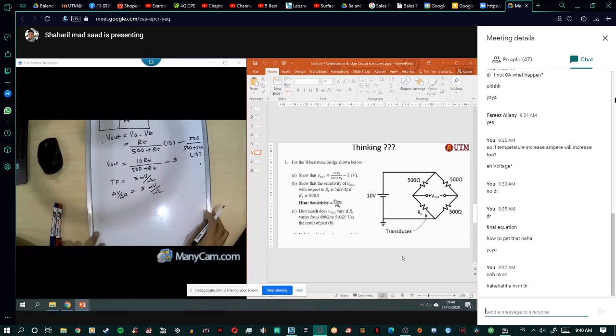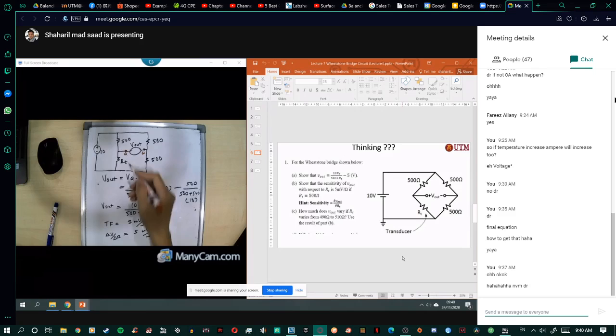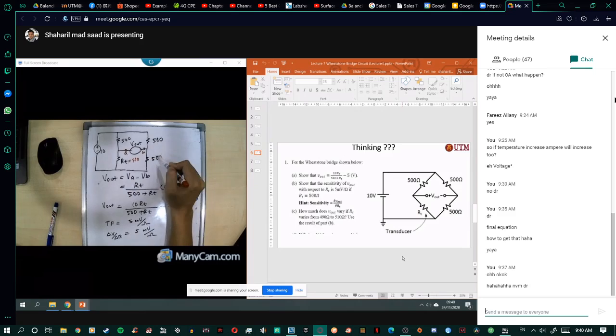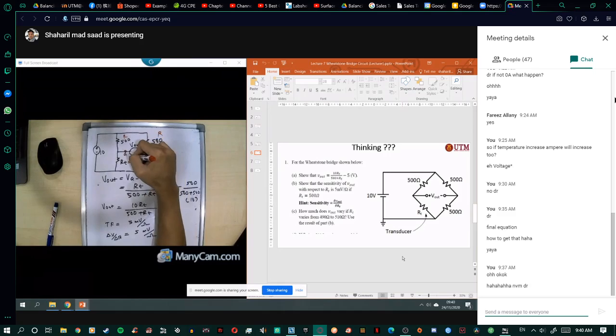So we have learned the formula for delta R here and so on. So that means now you use delta R equal to 500 here. Okay, so you can see that all use the same value, 500, 500, 500, 500. So that means it is like R, R, R, and R here.